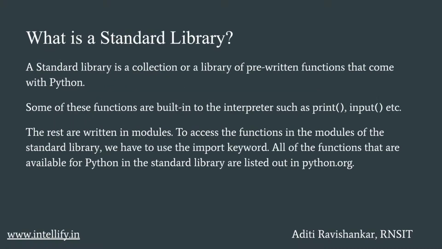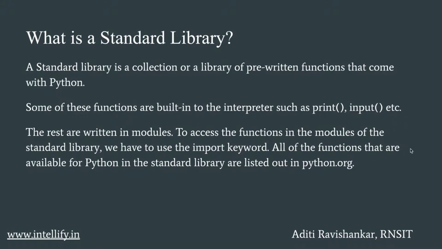The standard library in Python is a list of pre-written functions that comes with Python without us having to install anything externally. A standard library is a collection or a library of pre-written functions that come with Python. Some of these functions are built into the interpreter, such as print, input, etc. The rest are written in modules.